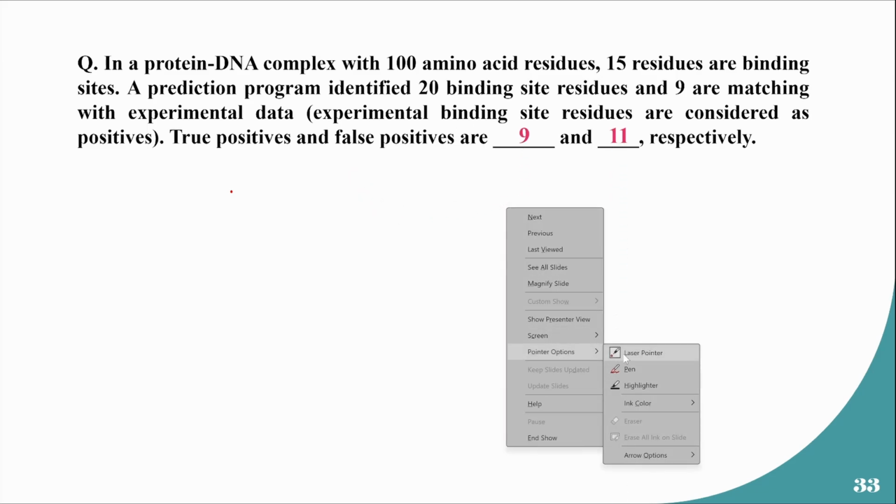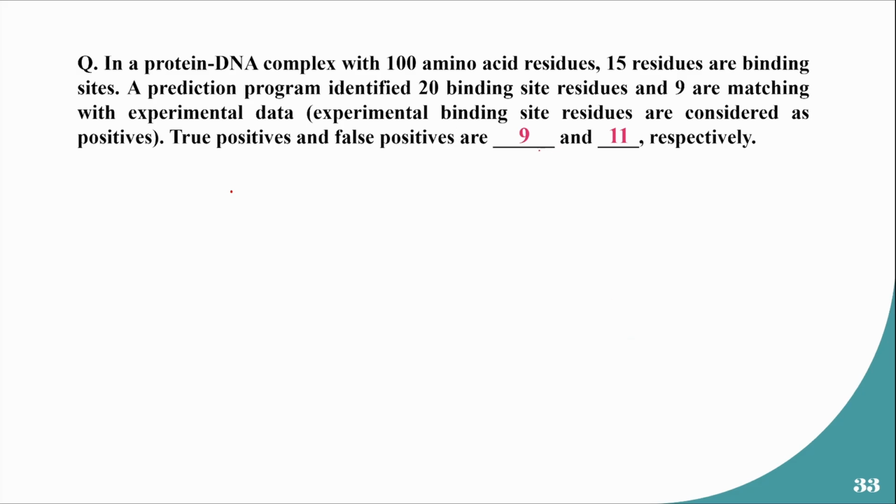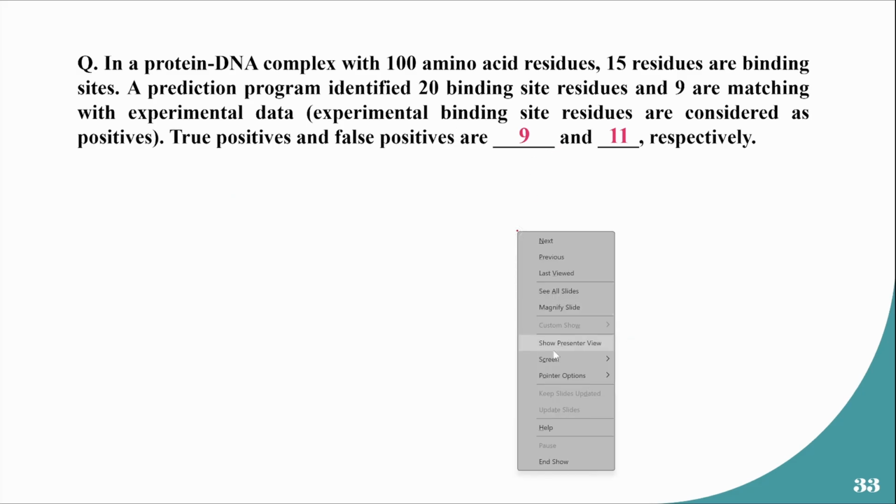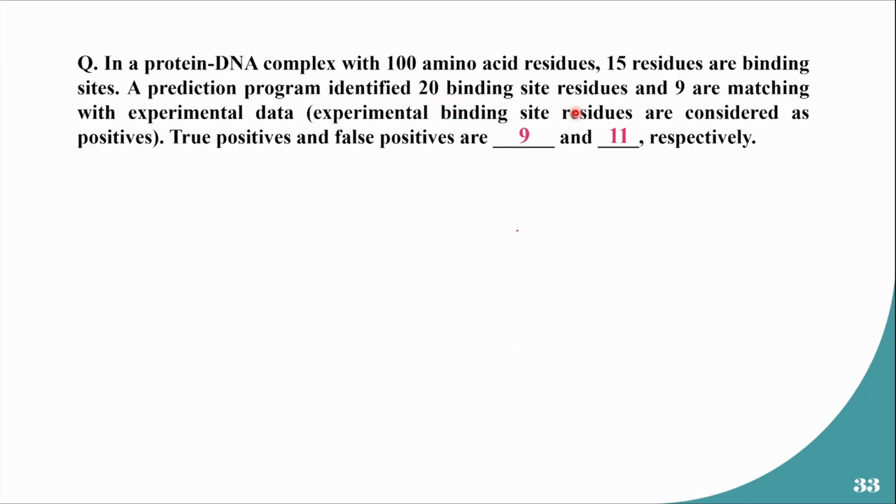You will see that among the 20 binding site residues predicted by the model, 9 were matching with the experimental data. So these 20 binding site residues are being evaluated as positive by the model, and among them only 9 match the experimental data.